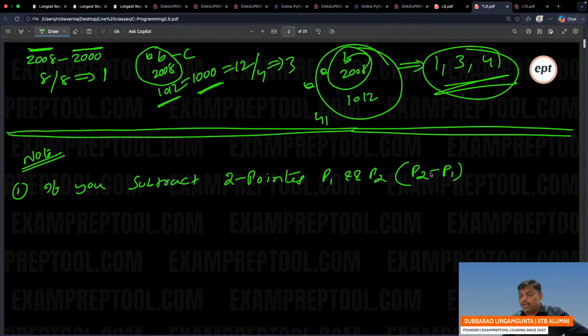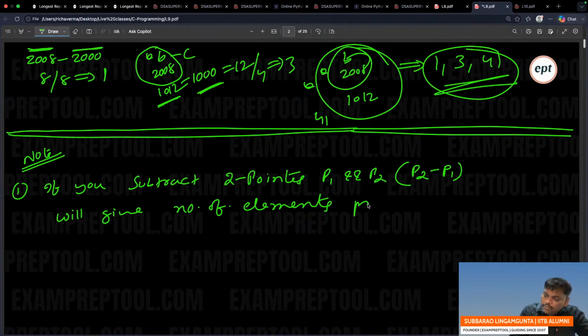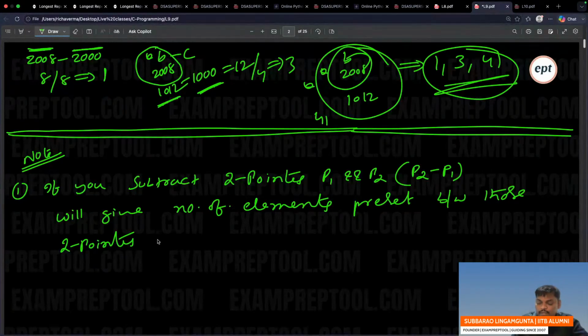If you subtract 2 pointers, P2 minus P1 will give the number of elements present between those 2 pointers, excluding P2 and including P1.